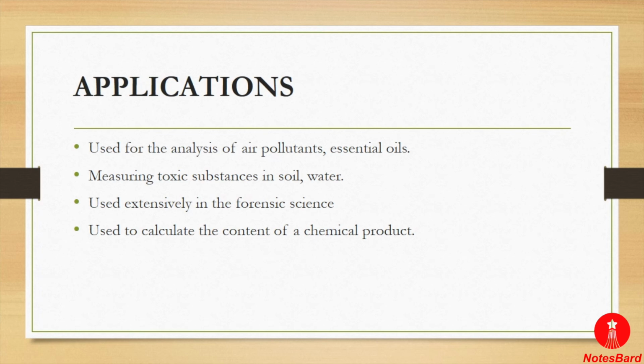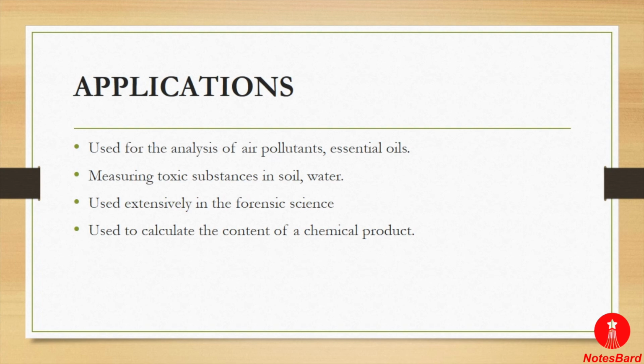Another application is measuring toxic substances and toxicity in soil and water. That's why this method is widely used by scientists, environmentalists and researchers to measure toxic substances and pollution in the soil as well as in water.